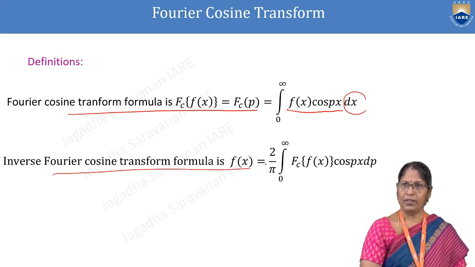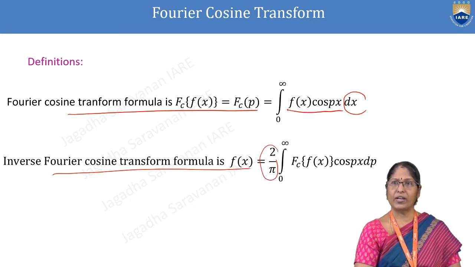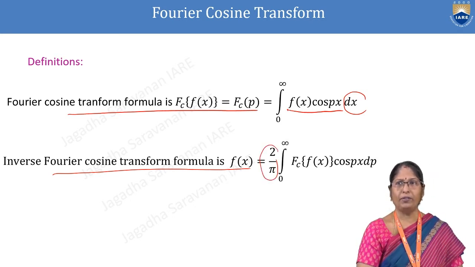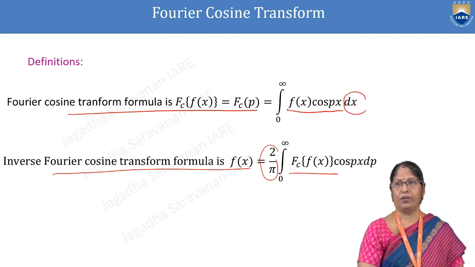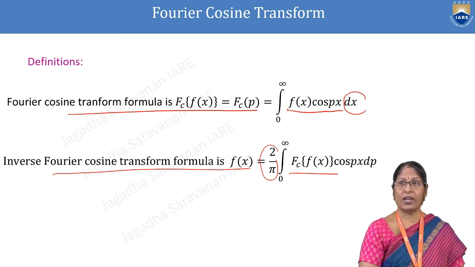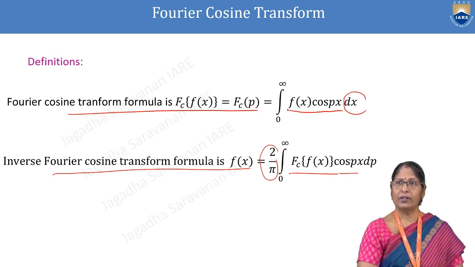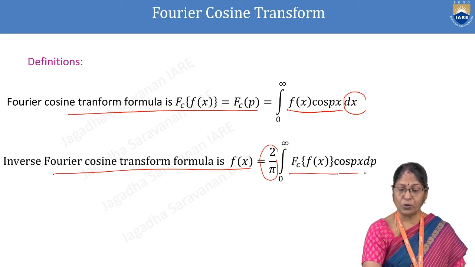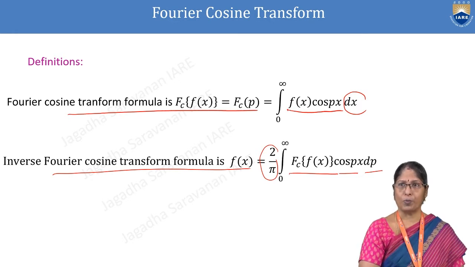For the inverse, we should not forget the 2 by pi before the integral, and the Fourier cosine transform is written inside the integral into cos px, integrated with respect to p. That is the inverse Fourier cosine transform formula.